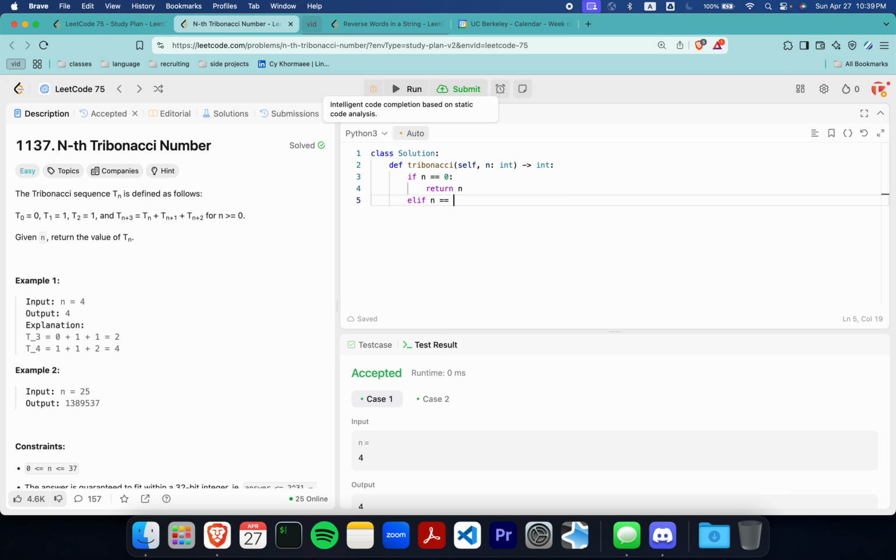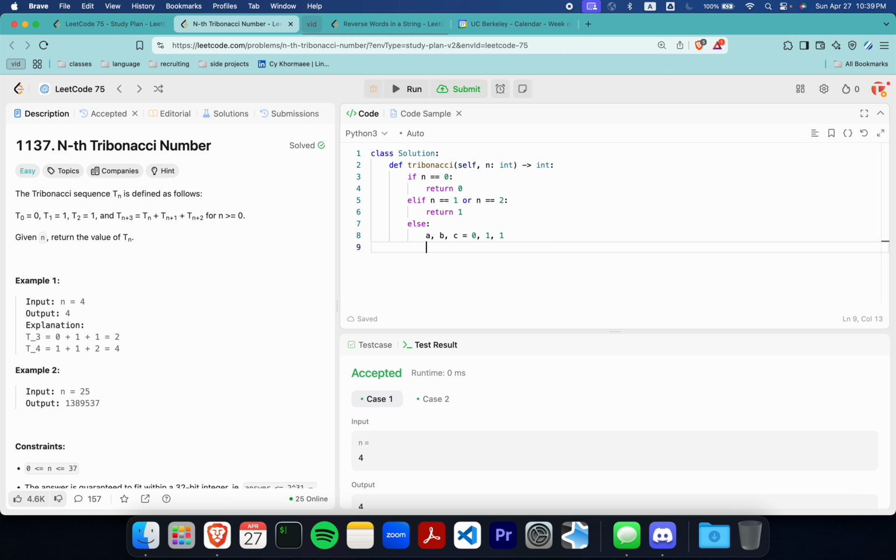If n is equal to 1 or n is equal to 2, you can return 1 instead. So just 0 and 1. And then otherwise, you have 3 pointers, a, b, and c. So a is going to be T sub 0, b is T sub 1, which is going to be 1, and c is T sub 2, which is going to be 1 as well.